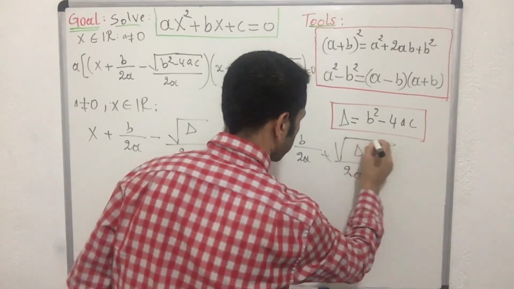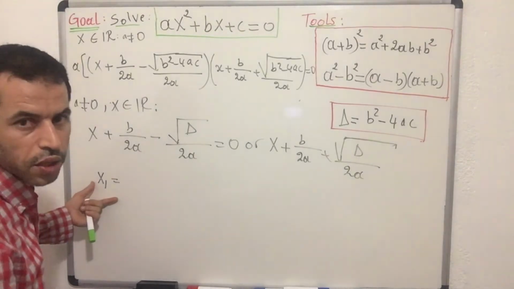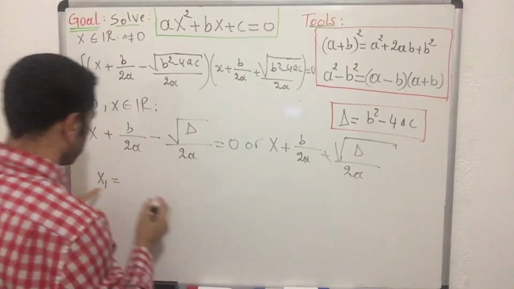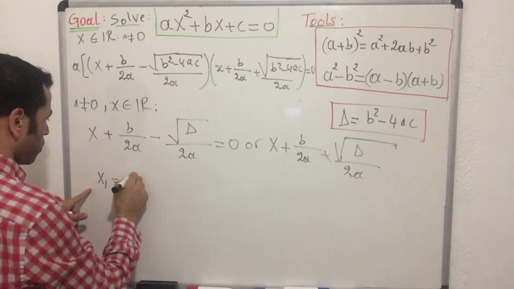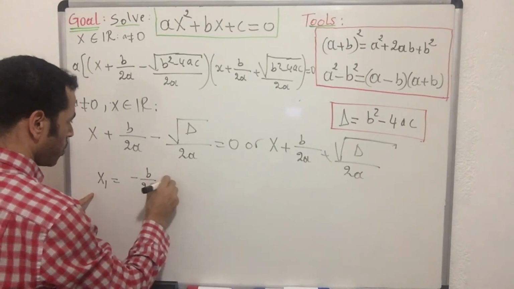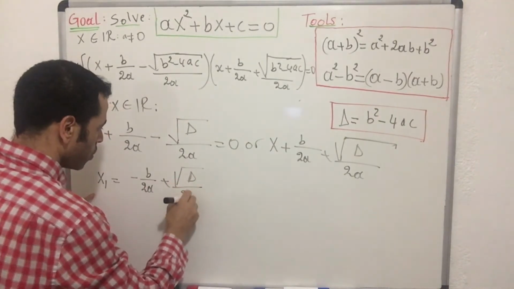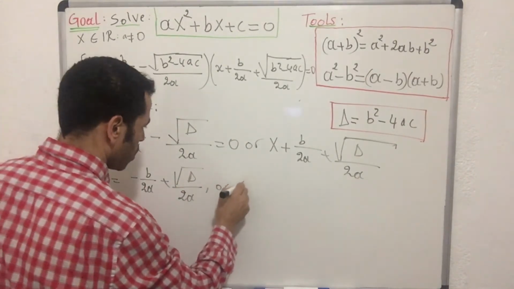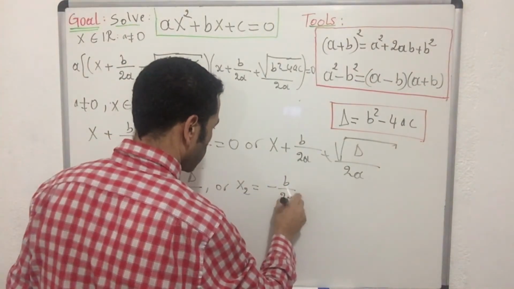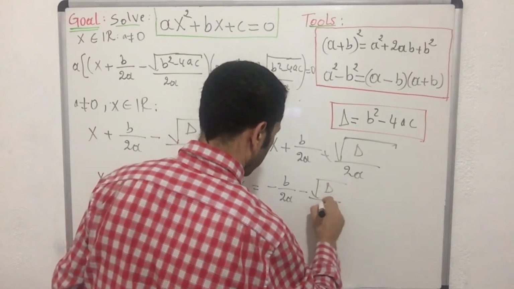Okay, so let's call it x1 equal; let's bring this to the other side, x1 becomes minus b over 2a plus square root of delta over 2a, or x2 equals minus b over 2a minus square root of delta over 2a.